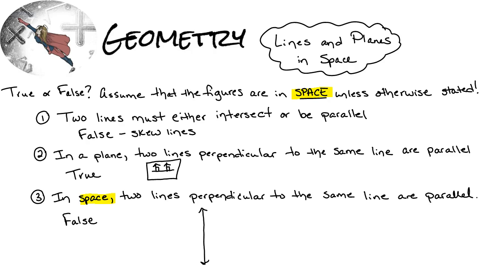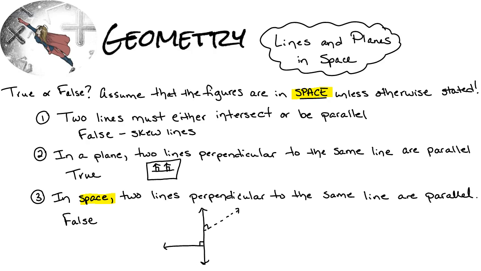And now I need two lines perpendicular to that. So let's say I draw one like this, going directly to the left with a 90-degree angle. Now what if I draw one going in the background here? And that's a 90-degree angle.